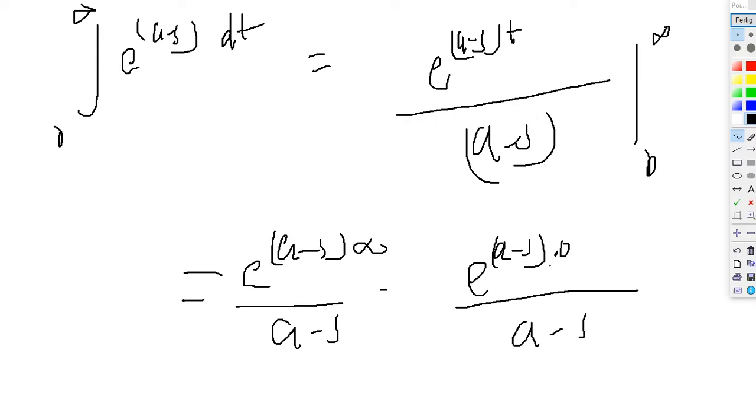Here e to the power 0 equals 1, we know that.